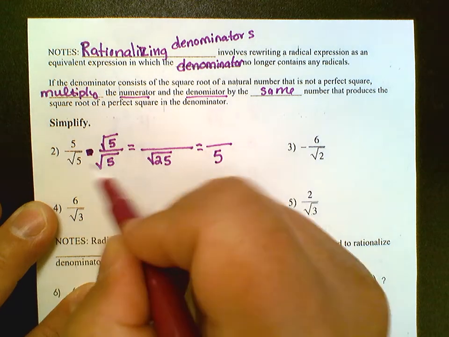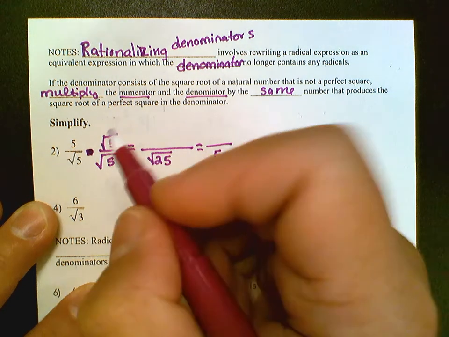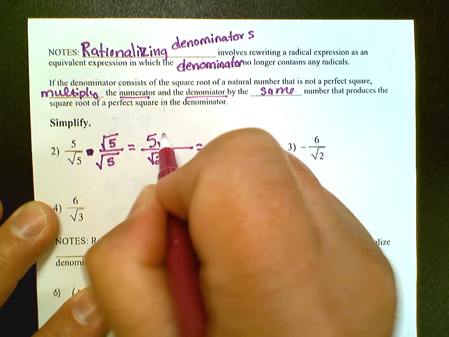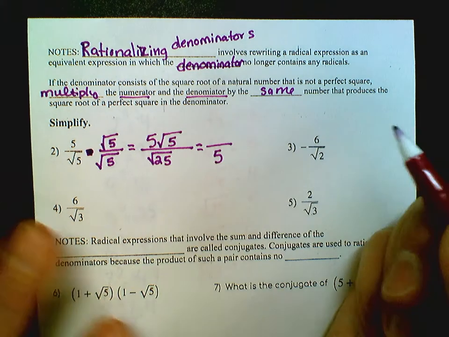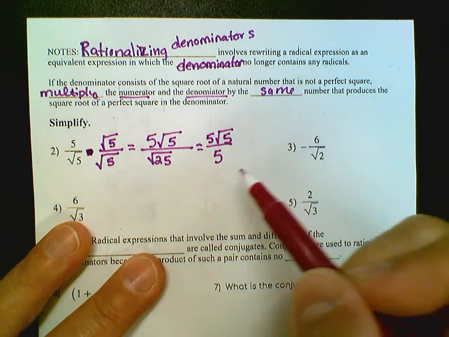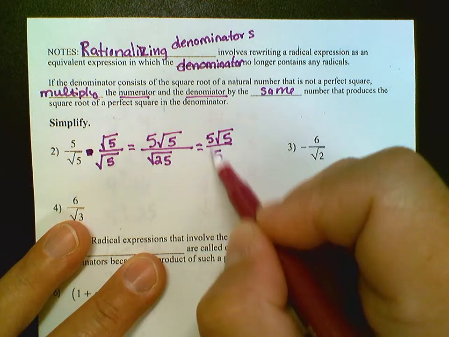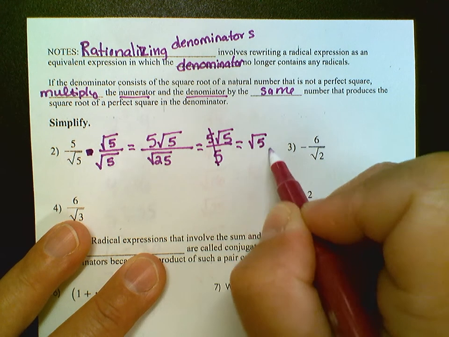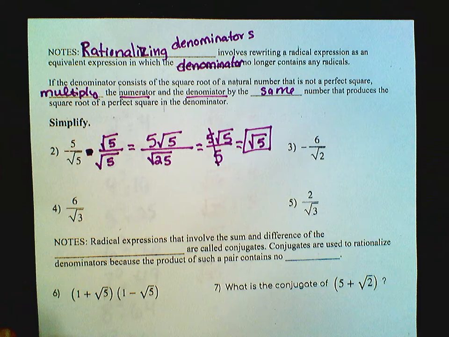So that's why multiplying by that same number helps me get rid of it. Then 5 times the square root of 5 is just 5 times the square root of 5. So when I bring that over here, I can actually simplify more because 5 divided by 5 is 1. And this is my answer.